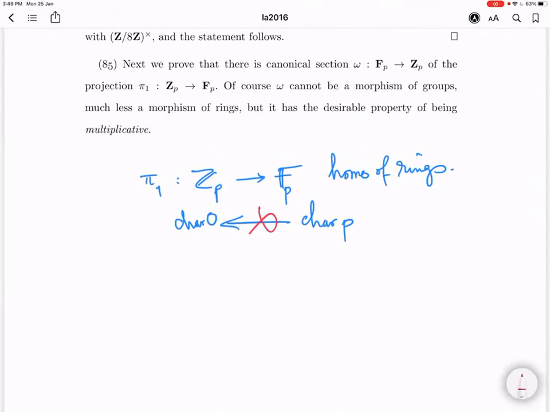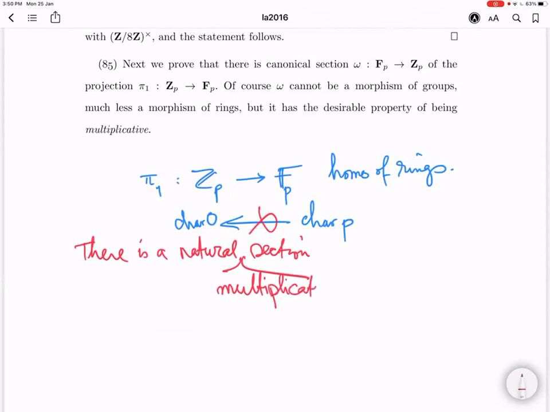But there happens to be a natural section, which is multiplicative. So what does that mean?